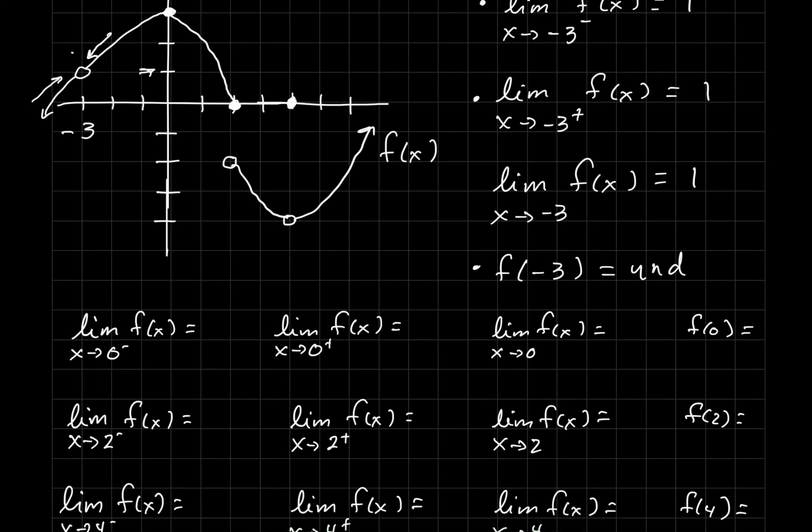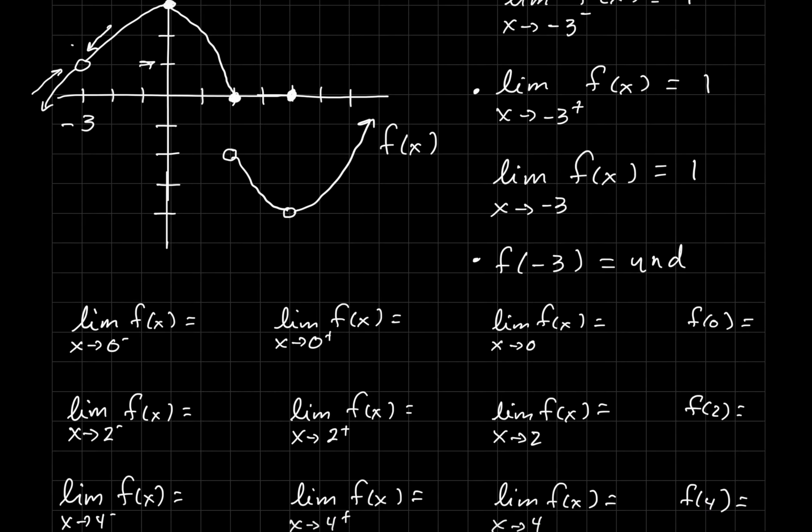Let's do the same thing at 3 more x values. We'll start with the limit as x goes to 0 from the less than side. So as x is getting close to 0 from the less than side, notice that y is getting really close to 3. As x is getting close to 0 from the greater than side, y is getting close to 3.